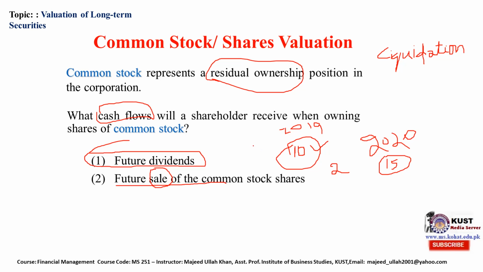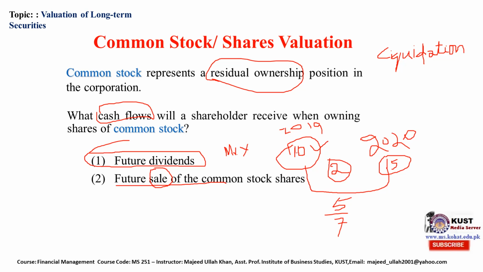Now this person, Mr. X or Mr. Y, who bought this share in 2019, gets this dividend and sells it at 15 rupees. So he also receives 5 rupees from price appreciation. In total he receives 7 rupees on investing 10 rupees.